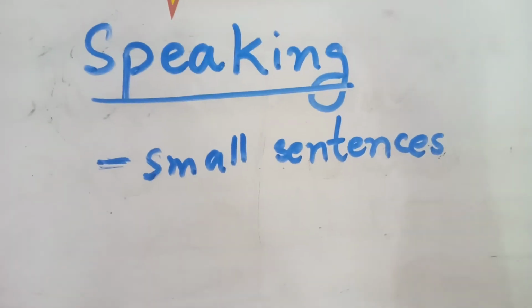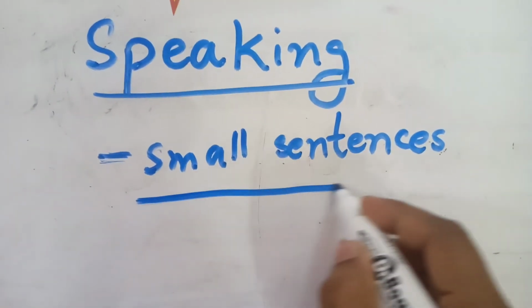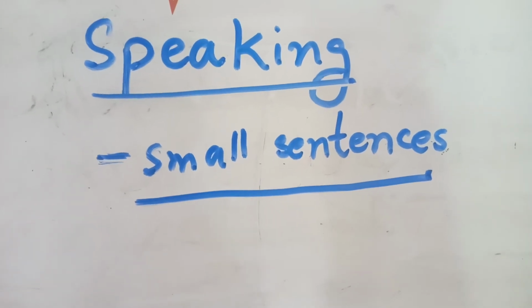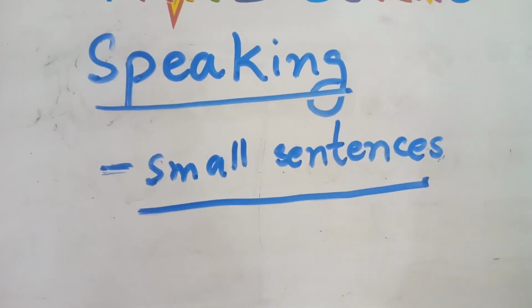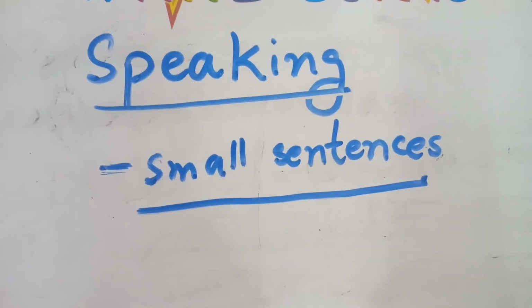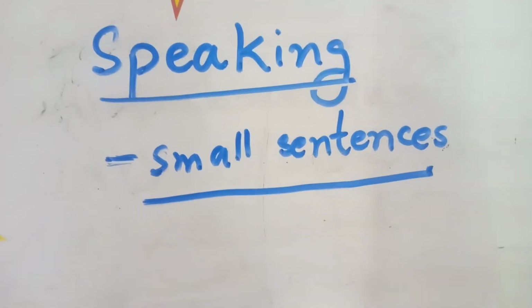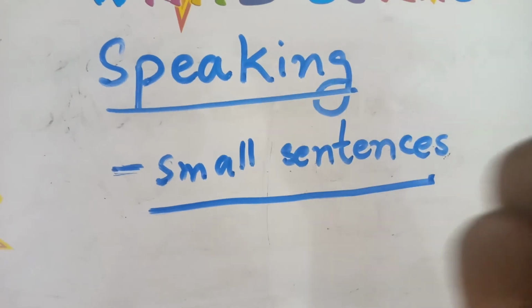So start speaking by small sentences, and you can learn by speaking the words of others. For example, somebody is saying something to you. You can answer in that phrase only. Okay? For example, somebody is asking you a question: how many types of matter are there? So you need to phrase the answer in the same language.